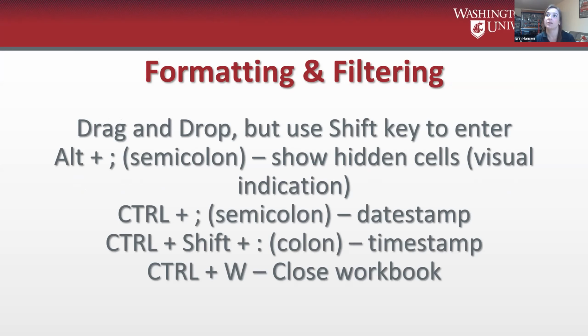Alt and the semicolon key will allow you to show any hidden cells. There's a little bit of a visual indication that shows you whether there's anything hidden. Control and the semicolon key will allow you to date stamp something, and Control Shift and the colon will allow you to timestamp something quickly. And Control W is just going to allow you to quickly close the workbook that you're in.